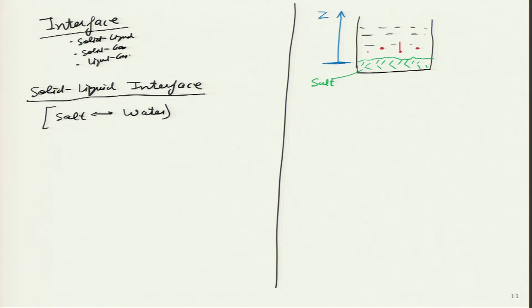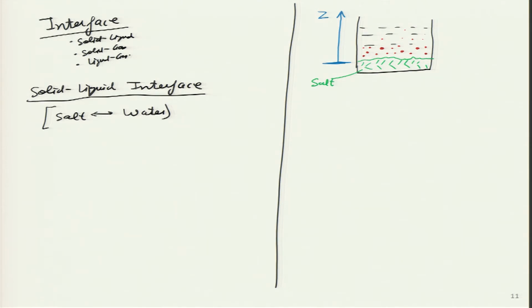These salt molecules I am showing in red color. I may find a little bit here also, but on the top it will be very less. So, mainly it will start from the bottom like this, and over time it may increase.